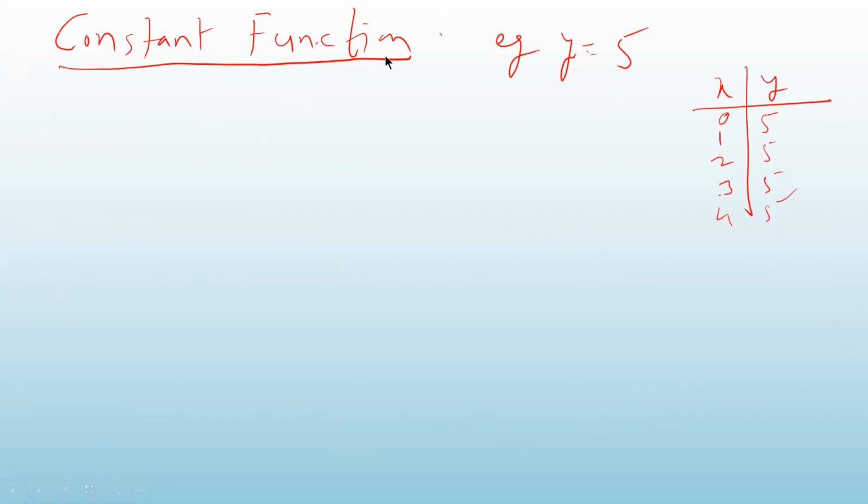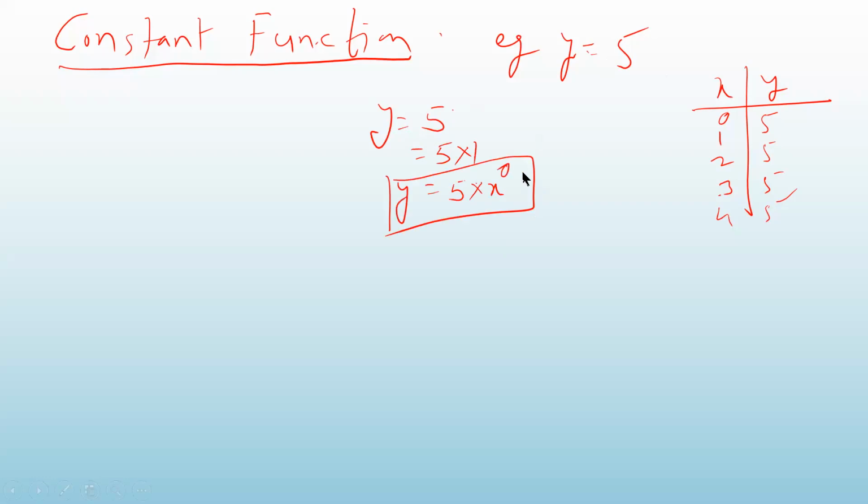So basically, the constant function is where you cannot see x. Actually, x is there, but it is hidden. The same y equal to 5, I can write as 5 into 1, and 1 I can write as x to the power 0. So actually, x is there with power 0, and you can't see it because we don't write it.